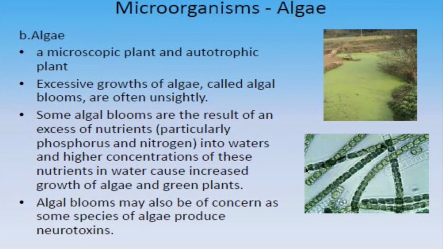When there is red tide, what is the color of the water? Red tide are species of algae that produce neurotoxins. When there is red tide, it is forbidden to eat shells or shellfish, like crabs, because those red algae produce neurotoxins.